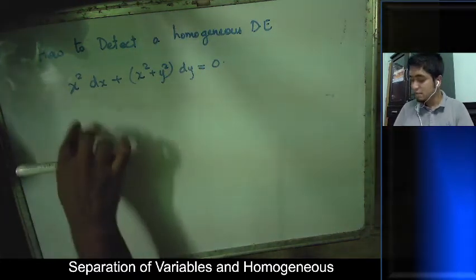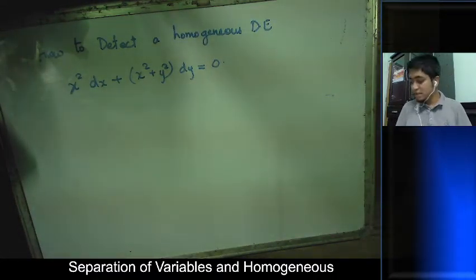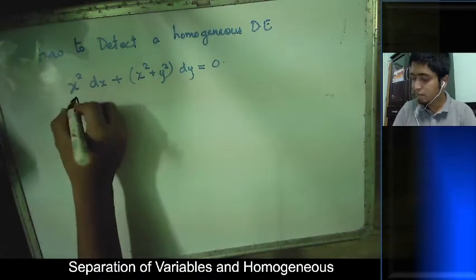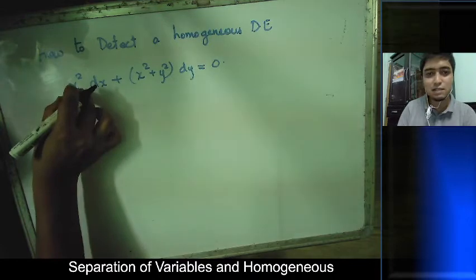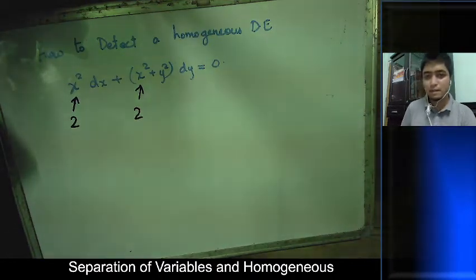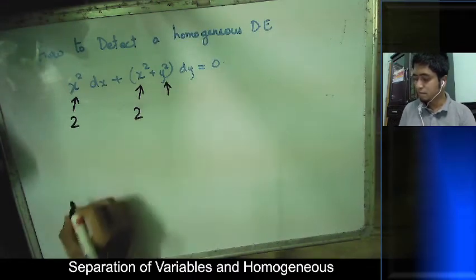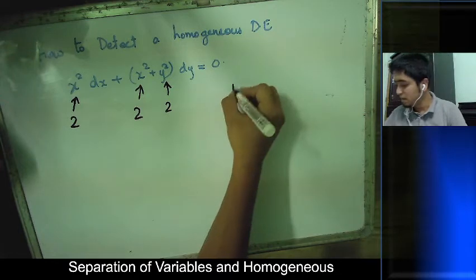Firstly, it has to be of the form M dx plus N dy equal to 0. Now just check the powers, the combined power of x and y. This term contains power 2, similarly this one contains power 2, and this term contains power 2. So all the powers are 2, so that's why it will be homogeneous.